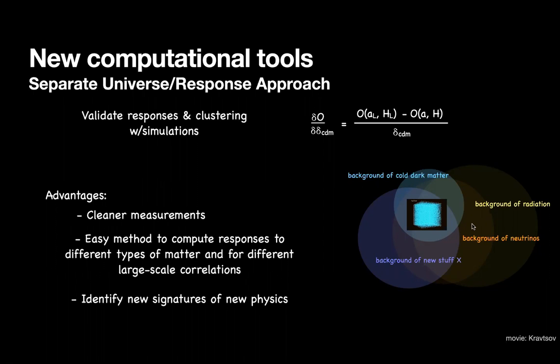And I can compute all of these effects without writing a new code that simulates both dark matter and this stuff. I just need to account for all of this stuff in the local linear theory evolution of the background modes, which changes the local cosmology.